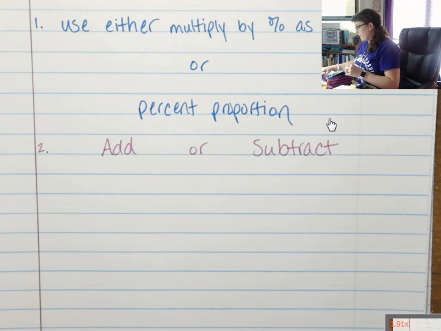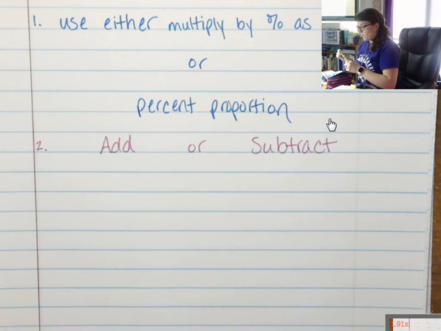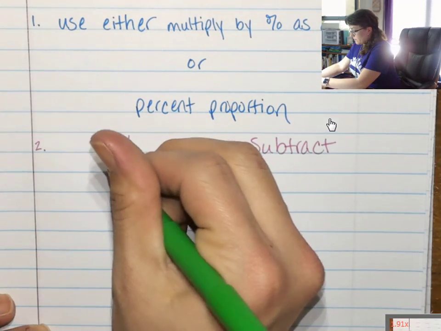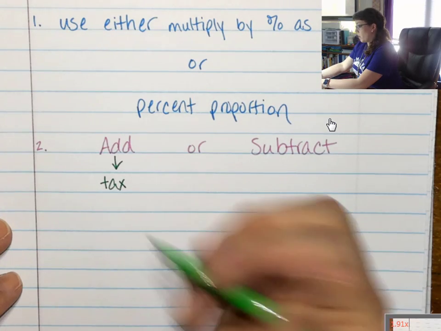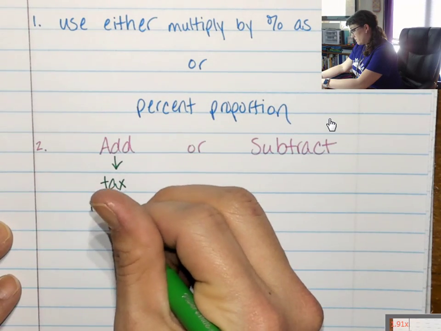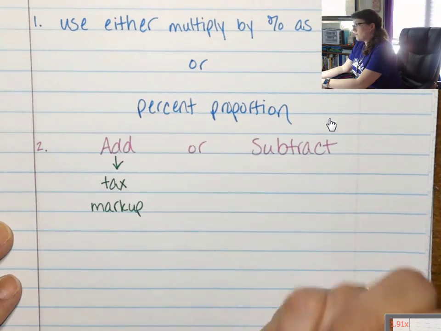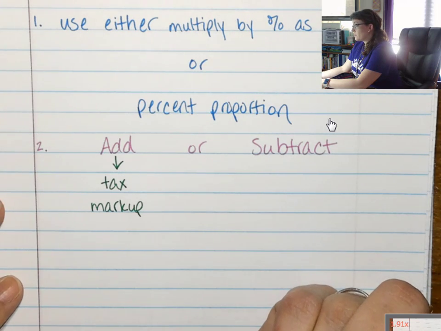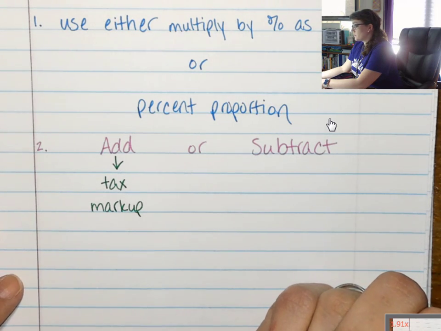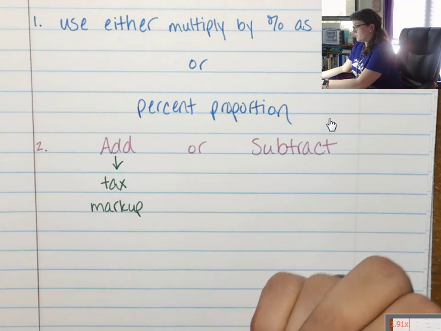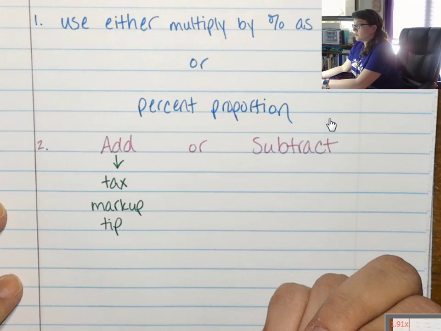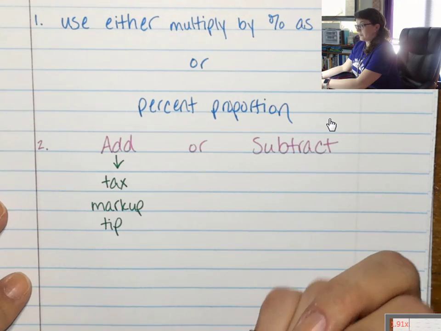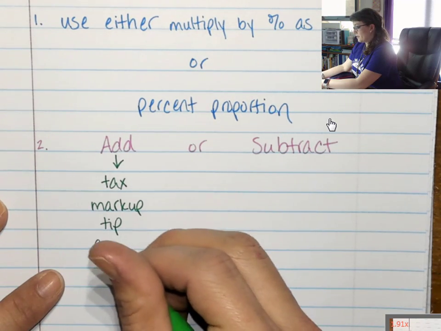What are some things that make my price go up? Taxes. What else? Markup. Any others? If you go out to eat, what do you leave? Tip. If you go in a big group, the gratuity.